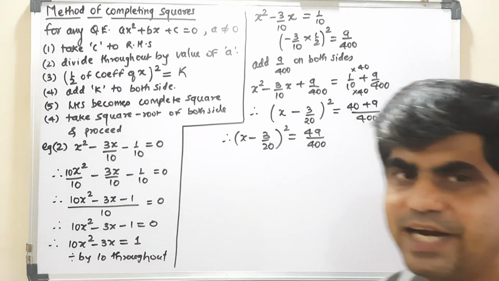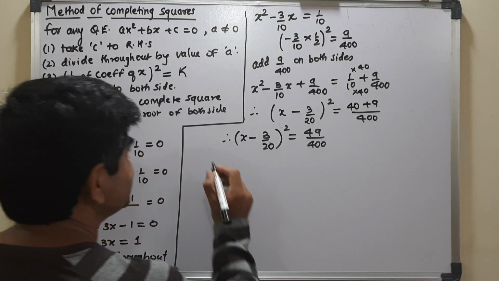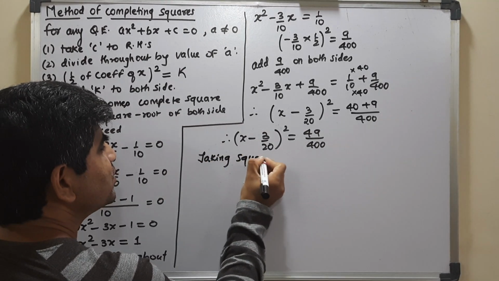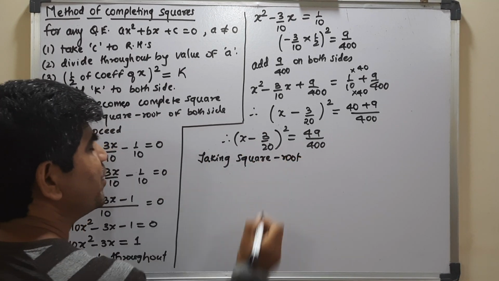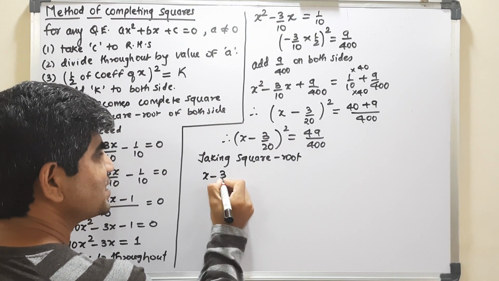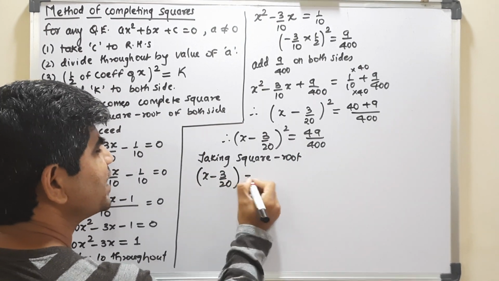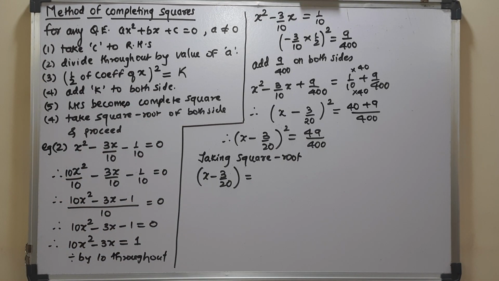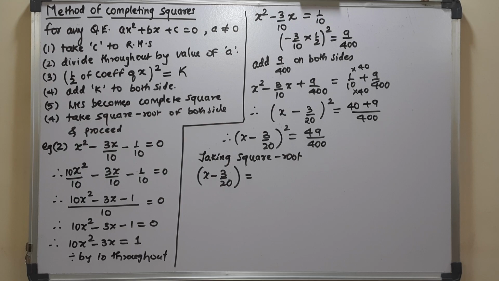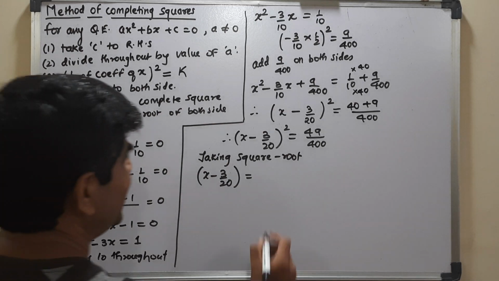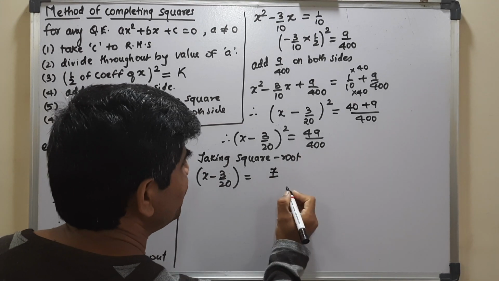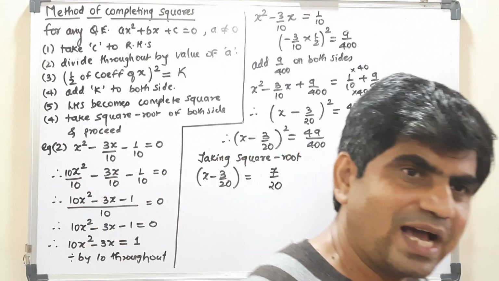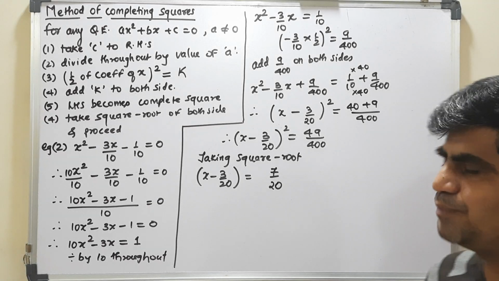Once you get this as a whole square, take the square root and proceed. Just take the square root of both sides. So taking the square root, what do you get? x minus 3 by 20 is equal to the square root of 49. What is the square root of 49? It is 7, right? 7 and the square root of 400 is 20. Now, like the previous question, I will ask you again one thing. Is this correct? This is partially correct.